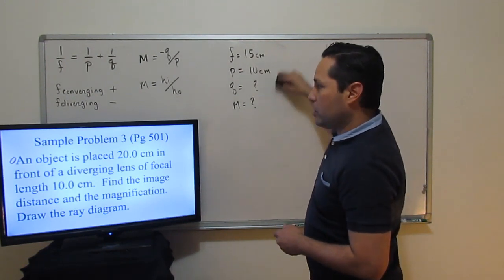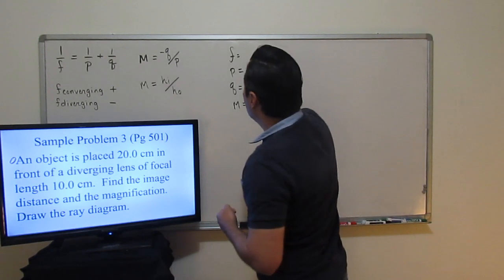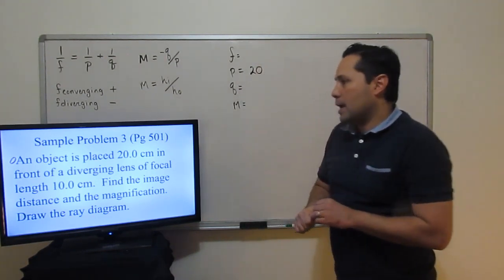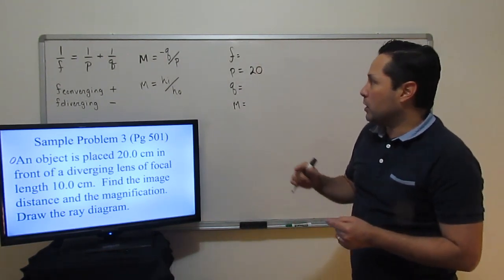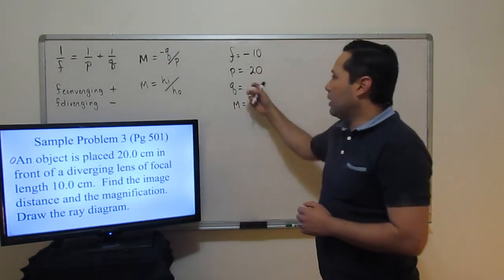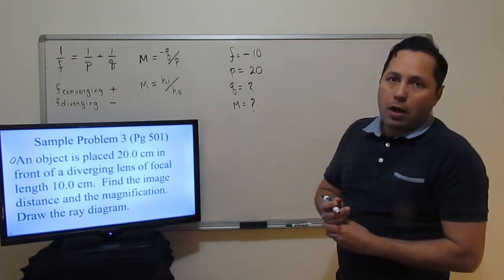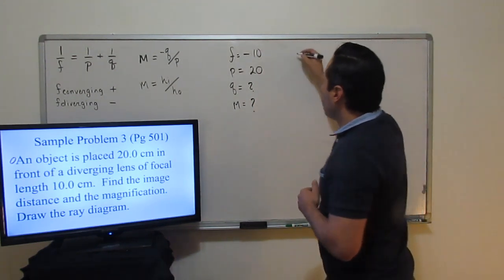In this problem the object is placed at 20 centimeters from the lens, and it's a diverging lens, so the focal length is negative 10 centimeters. Again they want Q, and what is the magnification? So let's get to work on it.